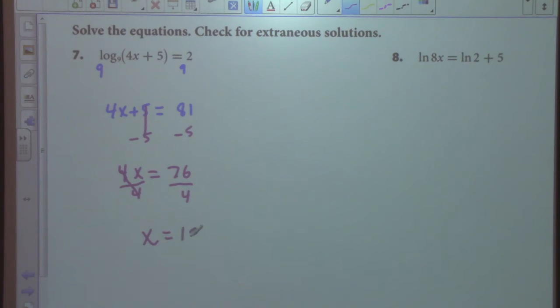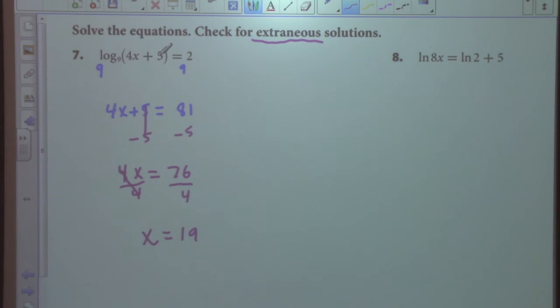Now, the last thing it says is to check for extraneous solutions. How do you check for extraneous solutions? What we do is we plug this back into the original equation. So we have this log base 9. What's 4 times 19? 76, right?